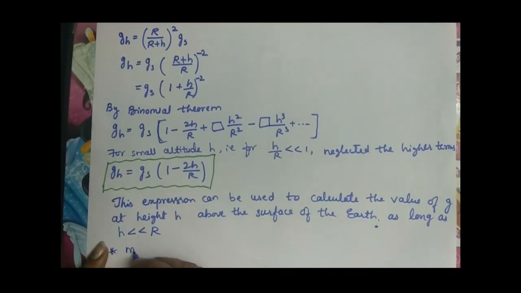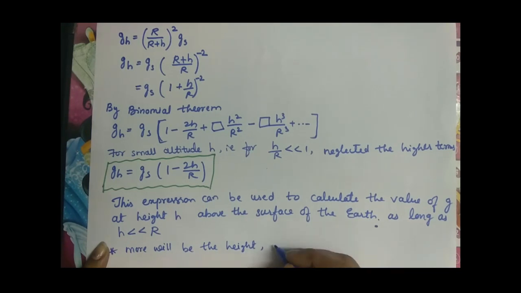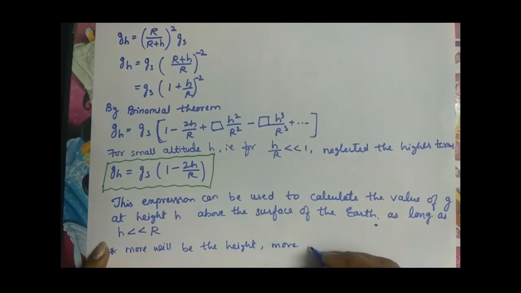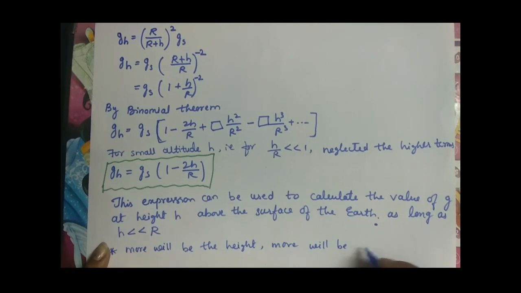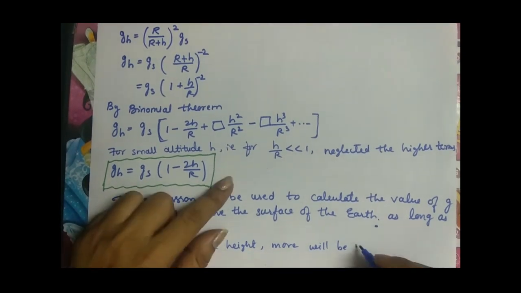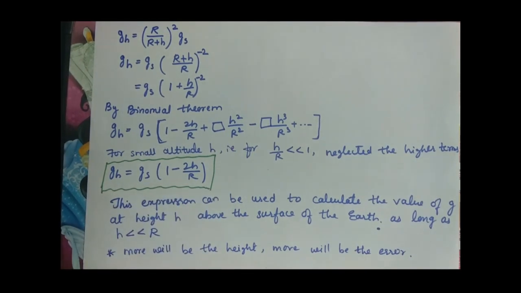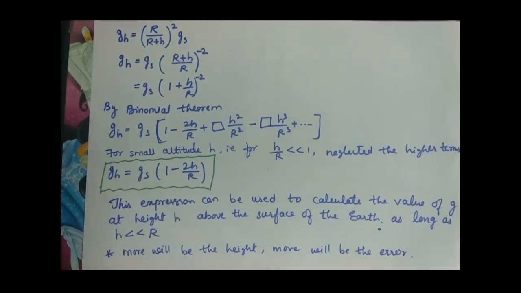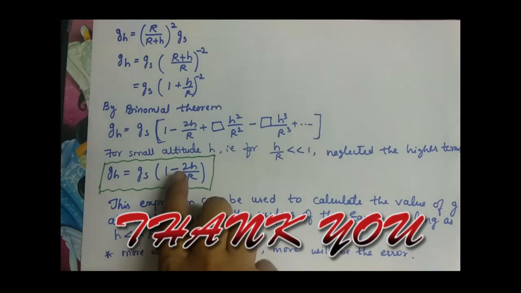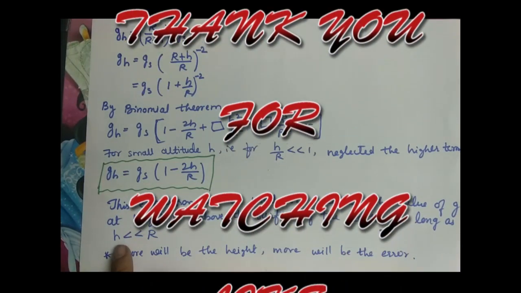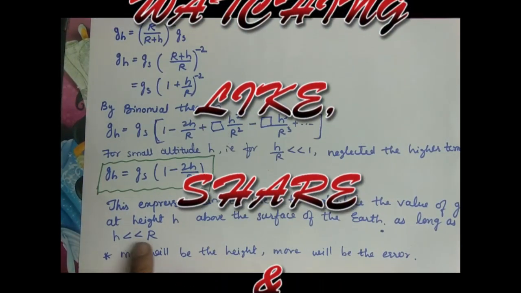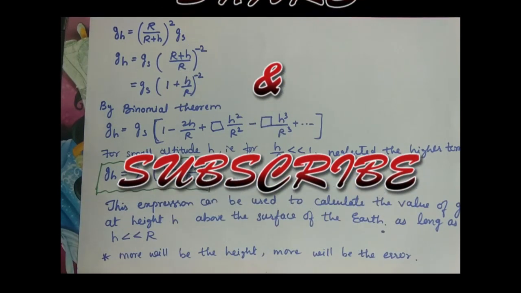Then more will be the height, more will be the error in calculation. So what is the limitation of this expression? You can apply only when h is very small compared to radius of the earth. That's it.